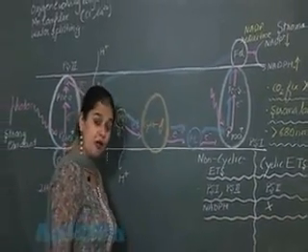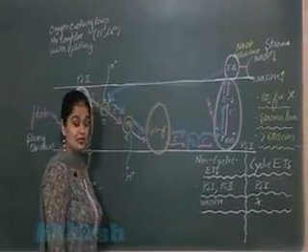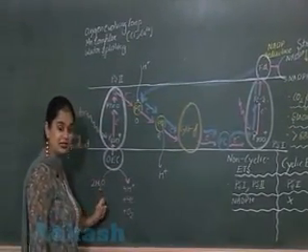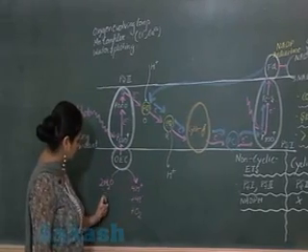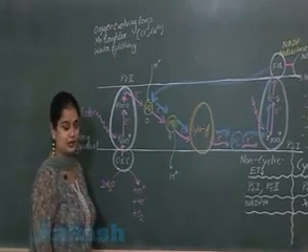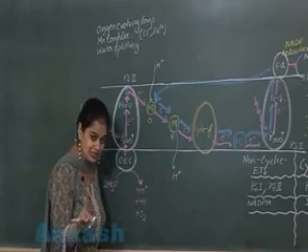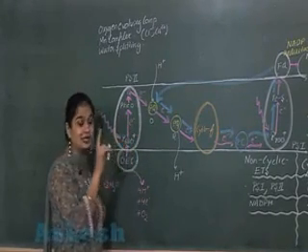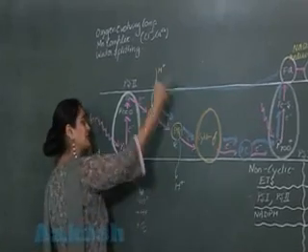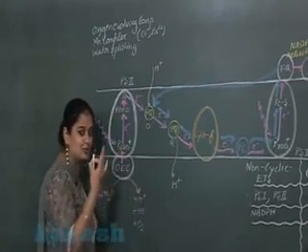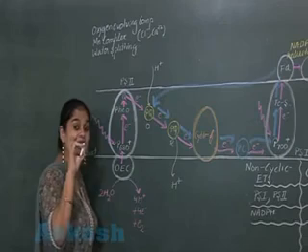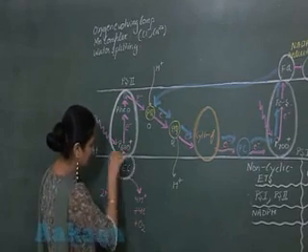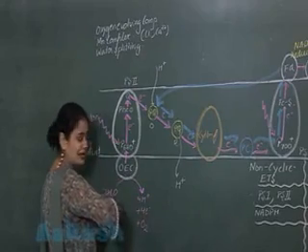Now in the non-cyclic ETS, there is requirement of an external electron donor, that is water. Yes, in the non-cyclic ETS the electron which is released from P680 is not coming back to the P680 again. So that's why there is a requirement of an external electron donor. So who is providing the electron to P680 plus?